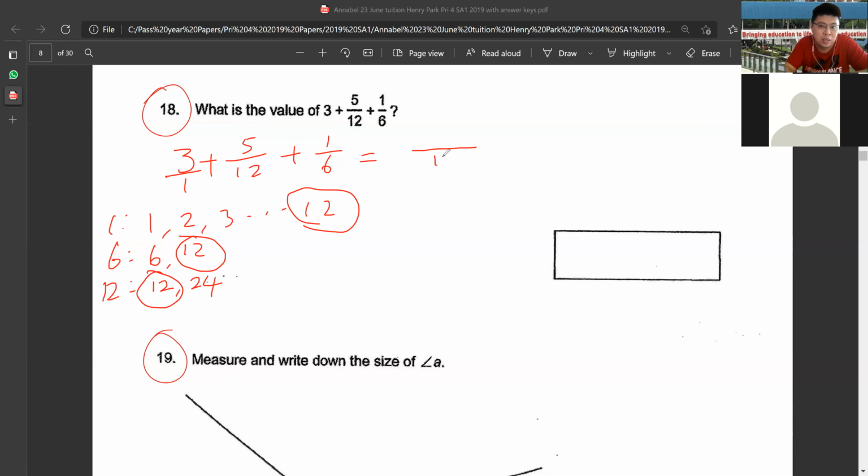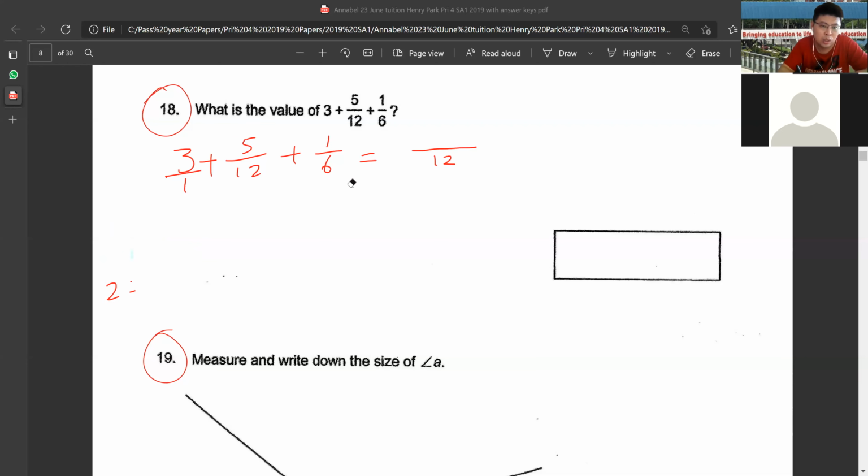But do you know why is that 12? No. Do you know why the lowest common multiple is 12? No. Because 12 times 1 give you 12. 1 times 12 give you 12. 6 times 2 give you 12.